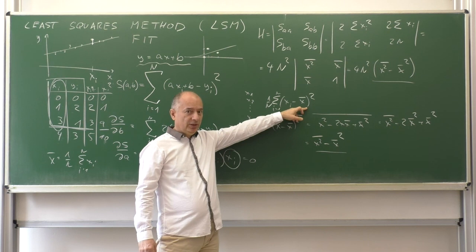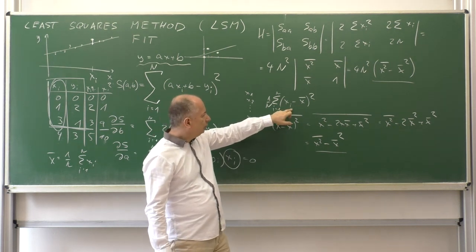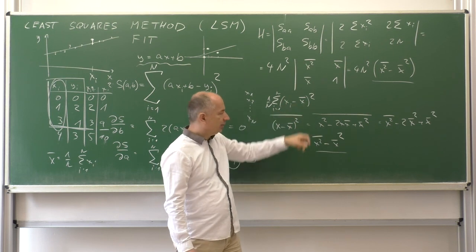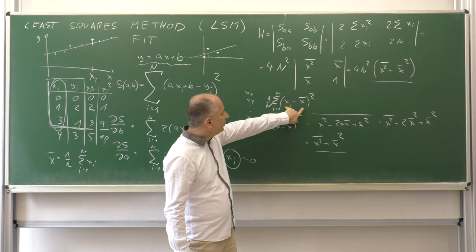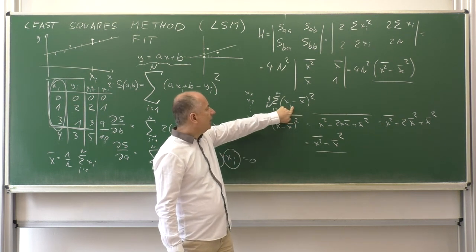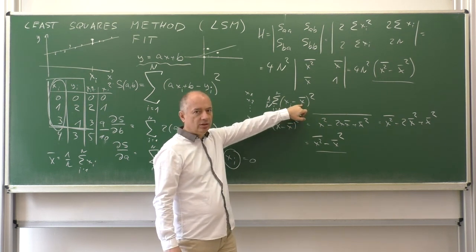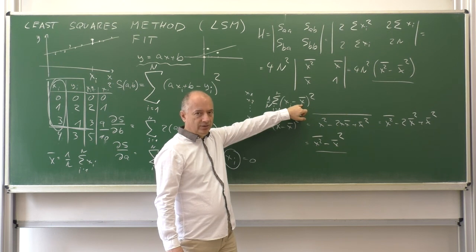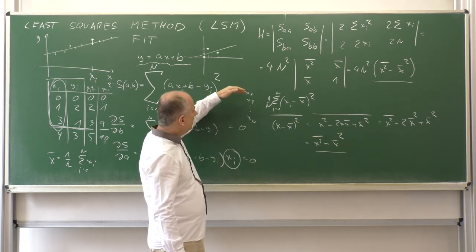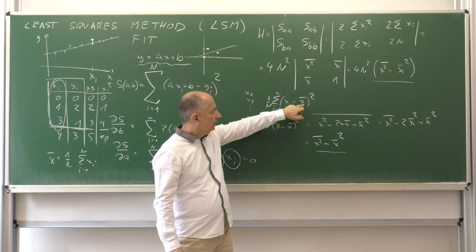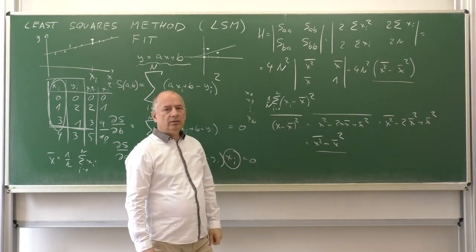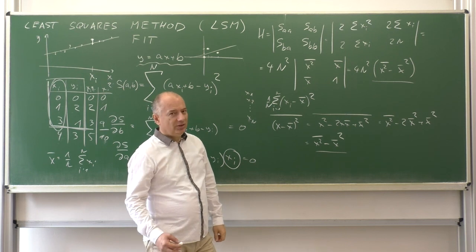Is this possible at all? Is it possible that each bracket, xi minus x bar, which means the average, is 0? This difference is 0 if xi is equal to x average for every i. Can it happen that each number in this column is equal to the x bar, to the average? Yes, it is.